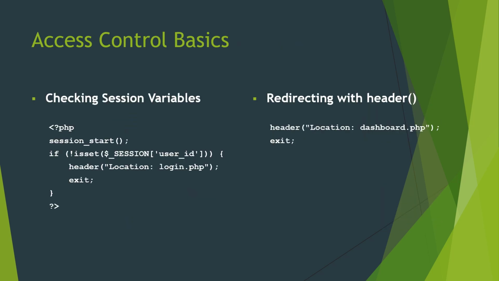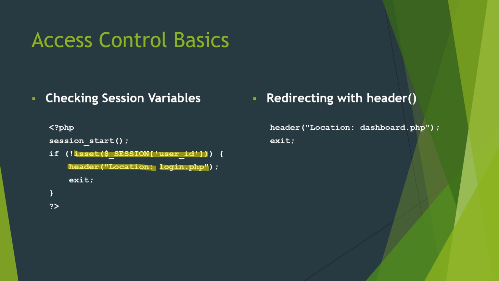Now let's talk about access control. This is making sure only logged in users can access protected pages. A typical login check might look like this script here on the left side. If the user is not logged in, then we'll redirect them using this header location. So we're redirecting our user back to the login screen.